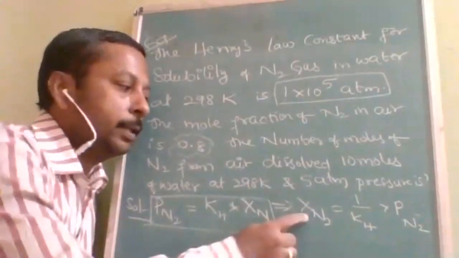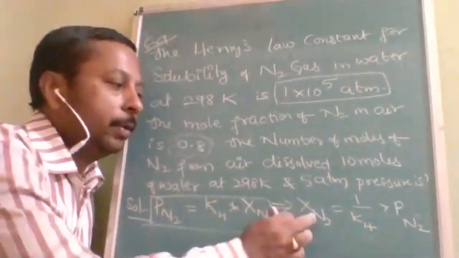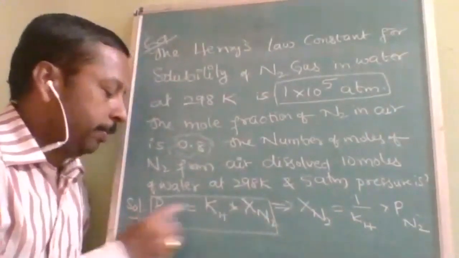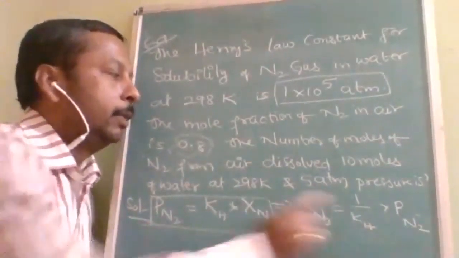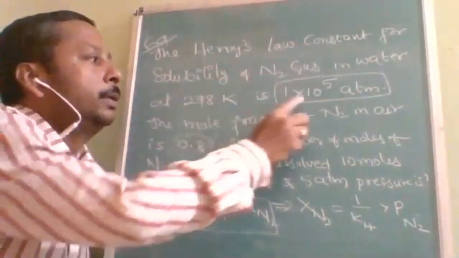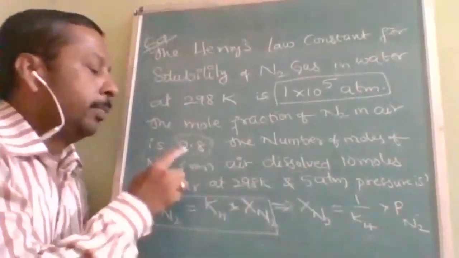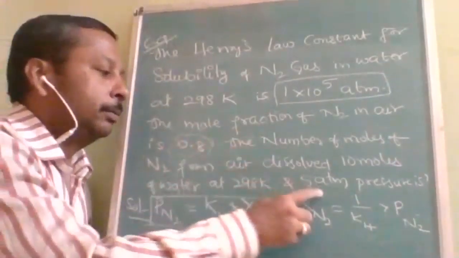So X(N2) will be for 1 mole of water. Is it understood? X(N2) is equal to P(N2) upon KH. KH, Henry's law constant, is 1 into 10 to the power of 5, and P(N2) is 0.8 of 5 atm.